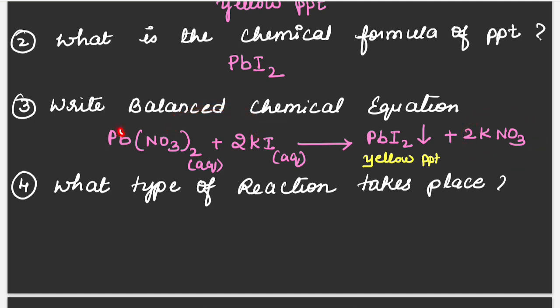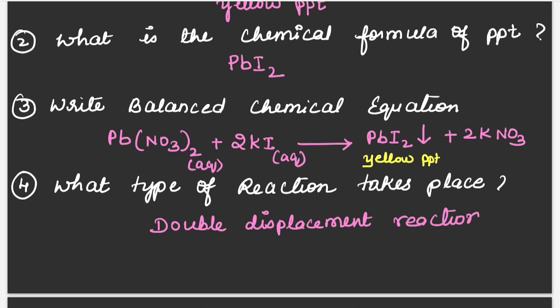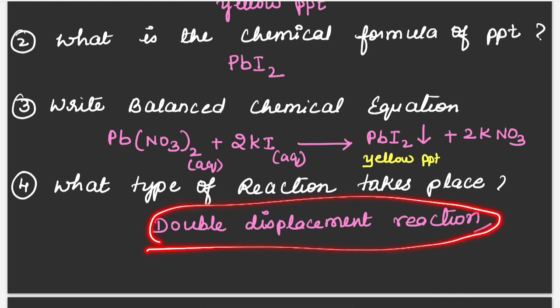So there is double displacement taking place here. The type of reaction you have to write is double displacement reaction. In this chapter itself you will study in detail what a double displacement reaction is, how it takes place, and what the examples are.